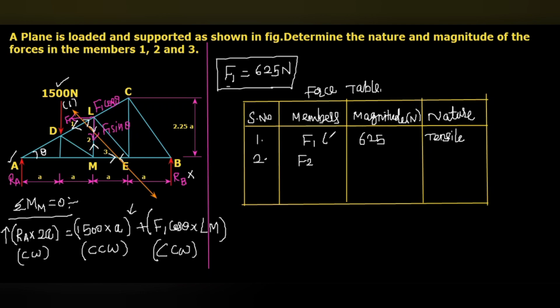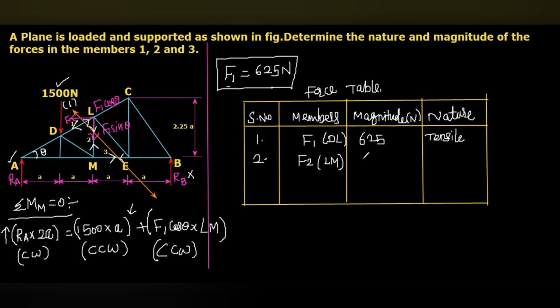F1 is DL, F2 is LM or ML, whatever. Here we calculated the value of F2, that is 750 Newton. Here you can see from the point L it is outward, from the point M it is outward. Both are inward on the member, that means they tend to compress the member.